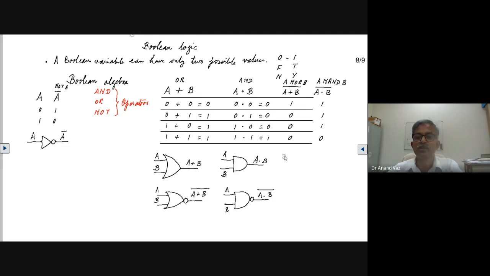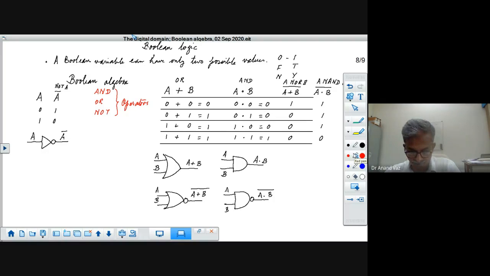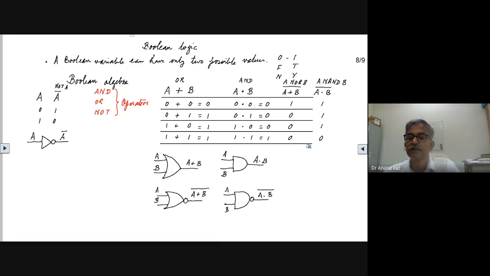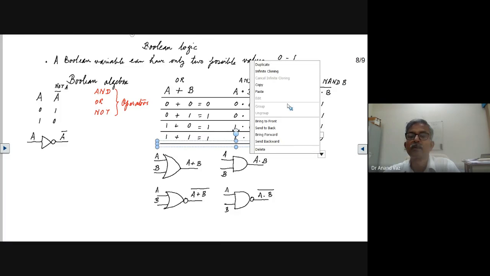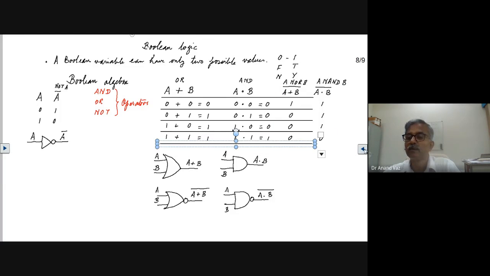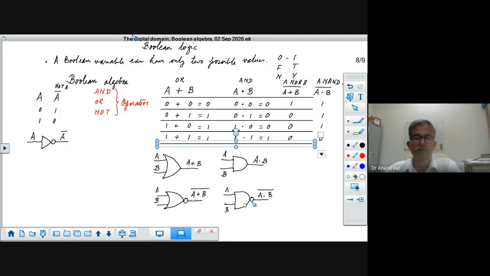Now let us come to certain basic fundamental laws that we come across. I will make use of some of this line here. We'll save whatever we have done so far.